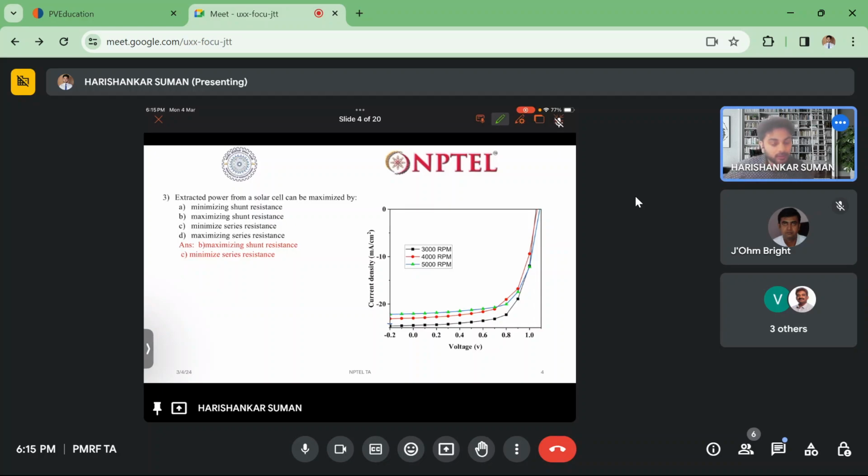These are three curves: 3000, 4000, 5000 RPM. This is a coating parameter of a spin coater. Which cell? 3000. Yes, because here the area is maximum, so we can extract more power.